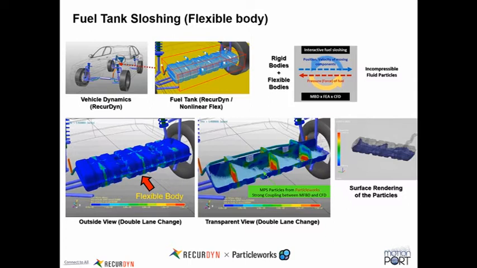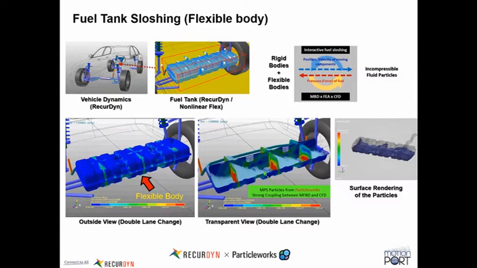And then as the vehicle is moving side to side, inertial forces are causing the particles to bump up against the baffles. And the baffles are now Recurdyn nonlinear flex bodies, so they can actually deform. The deformation isn't huge in this particular case, but it could be.